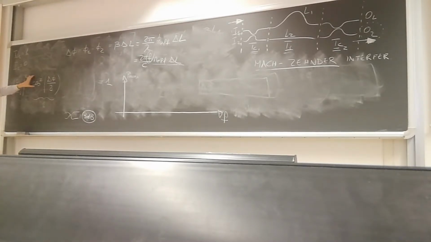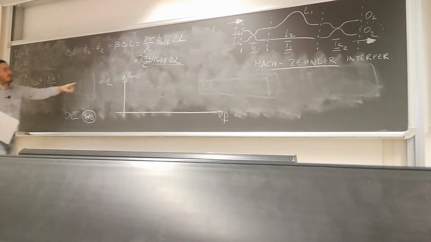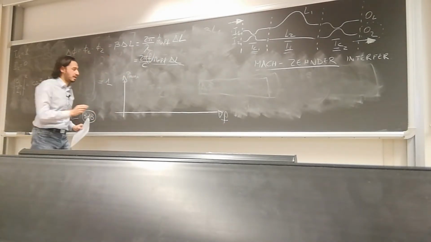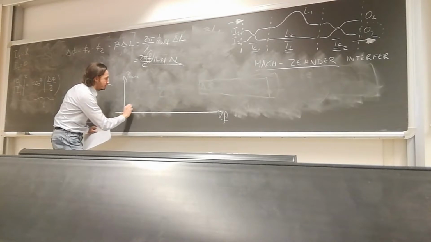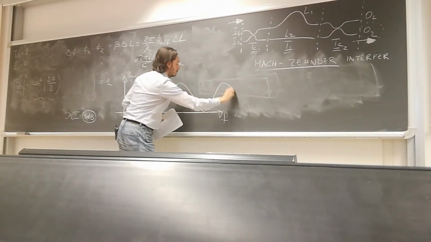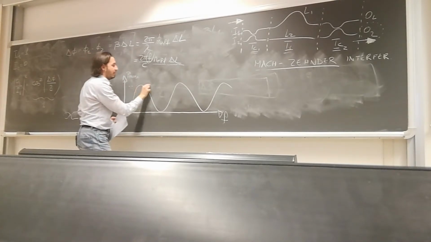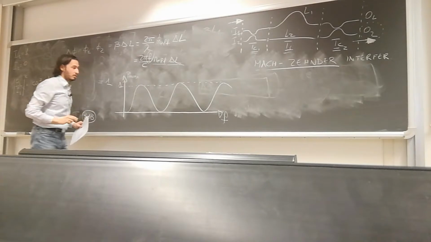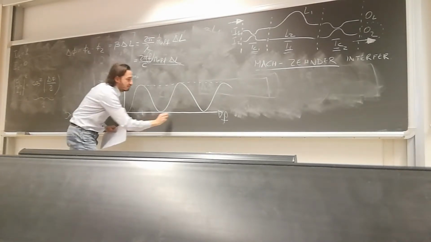So it's just the output power changes as a square cosine with delta phi. Delta phi depends on the frequency, so along the frequency axis, what I have is, if I have no loss, this is 1. So these are the frequencies.